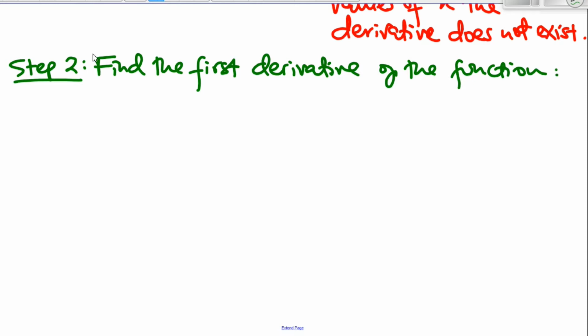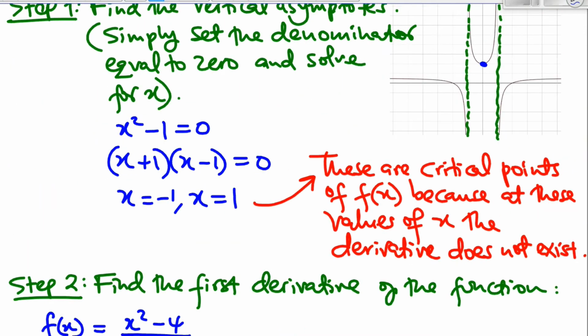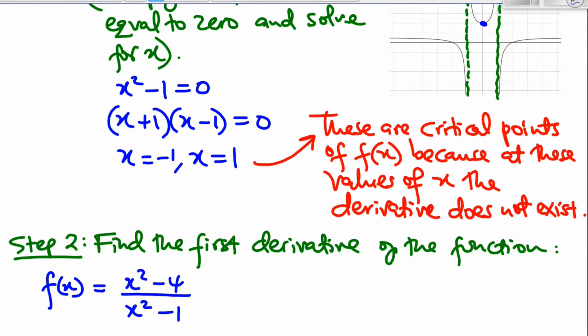Now, our function from the top is f of x is equal to x squared minus 4 over x squared minus 1. Let me just check that again. Okay. All right.